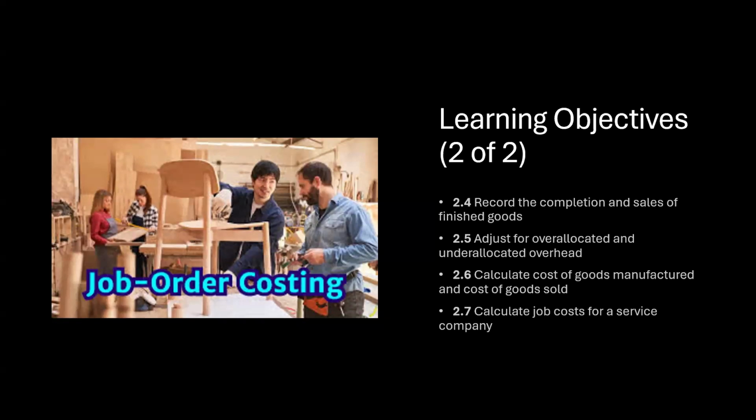Record the completion and sales of finished goods. 5. Adjust for over-allocated and under-allocated overhead. 6. Calculate cost of goods manufactured and cost of goods sold. And 7. Calculate job costs for a service company.